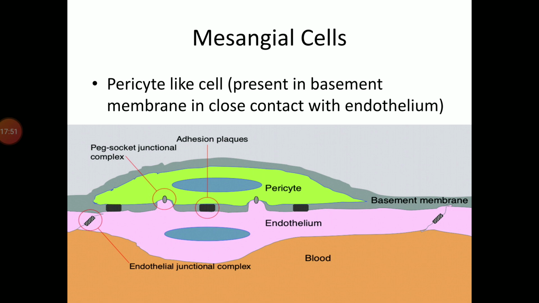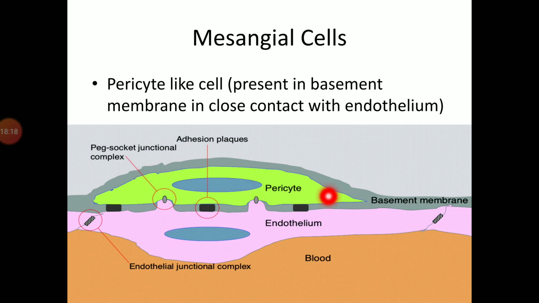Actually, in our body, in the very minute vessels like the capillaries and venules, where the smooth muscle layer of the vessels is lesser or absent, what we can see is, this is the picture of a capillary, okay? So here there is the endothelial layer, and this endothelium is resting over the basement membrane. Now in this basement membrane there is another cell, that is the pericyte, okay?